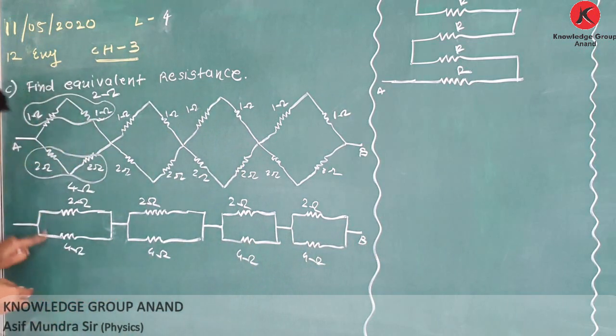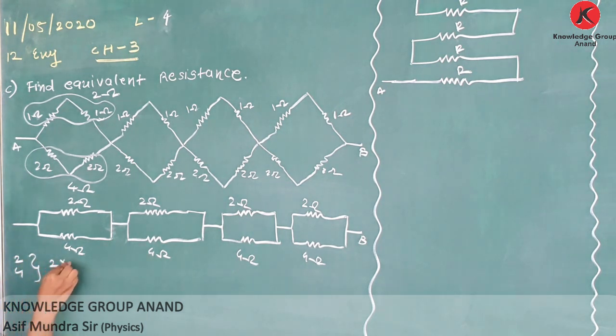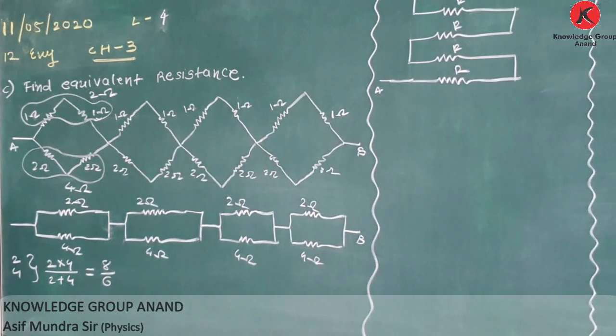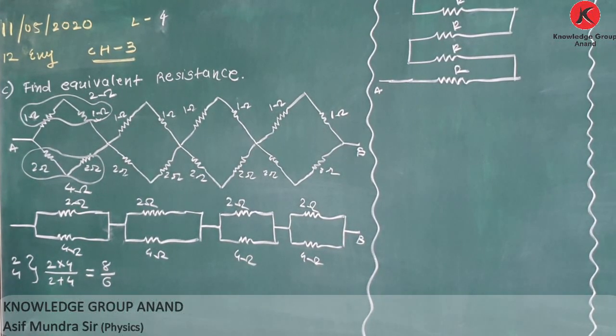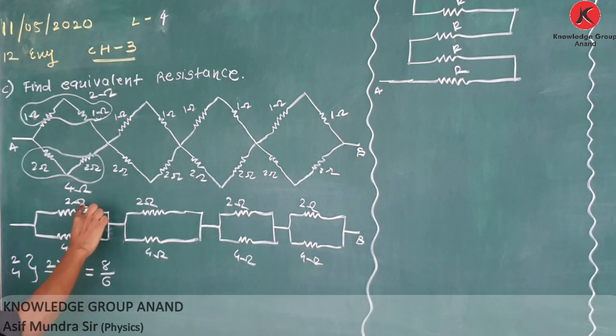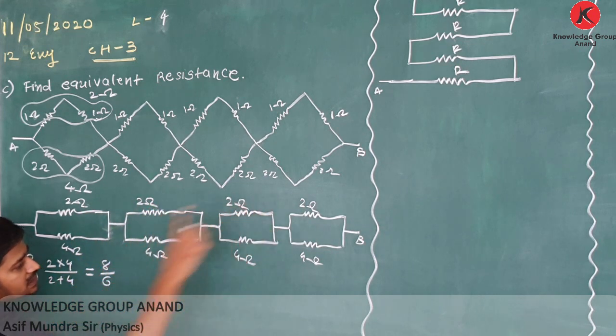Now this 2 and 4 are in parallel connection. So what is the equivalent? Their equivalent is 2 into 4 upon 2 plus 4, which is 8 divided by 6. So the equivalent resistance of each 2 ohm and 4 ohm pair in parallel is 8 by 6.